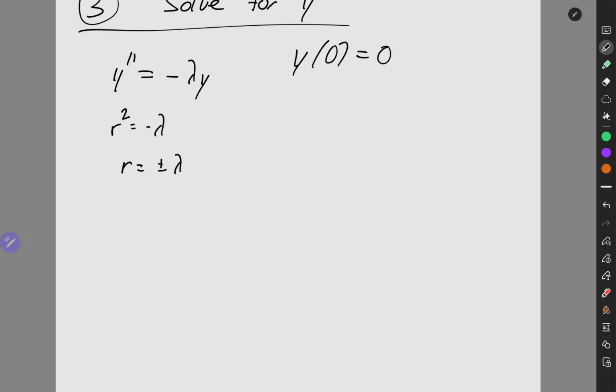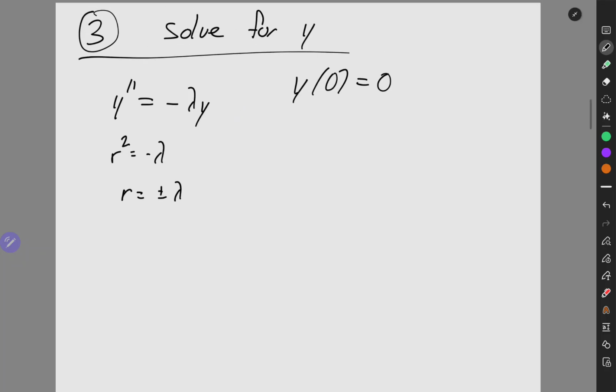So now, and by the way, technically this should be lambda sub n. No, it doesn't matter. And then once we get to this, actually, hold on one moment.